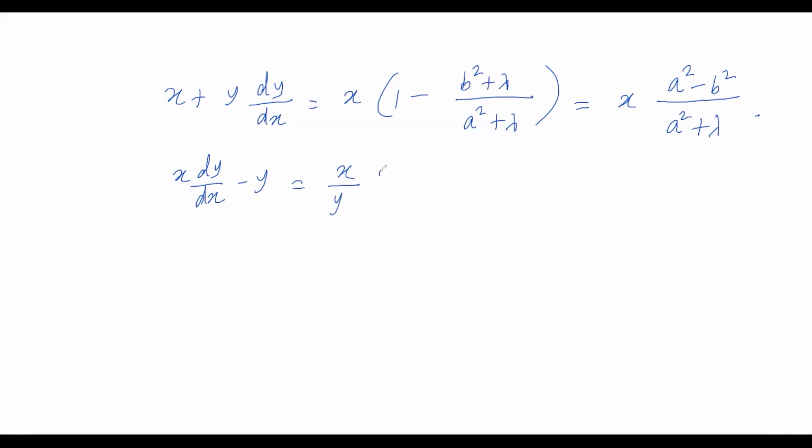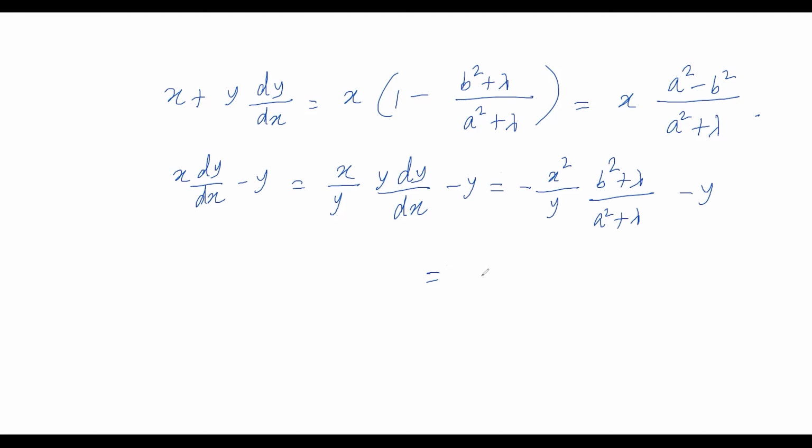So x over y dy by dx minus y, and that becomes equal to, just put the value of y dy by dx, so it becomes x squared over y times b squared plus lambda by a squared plus lambda minus y.